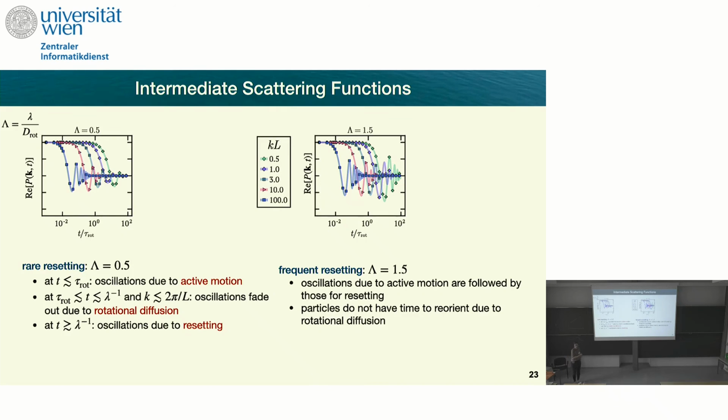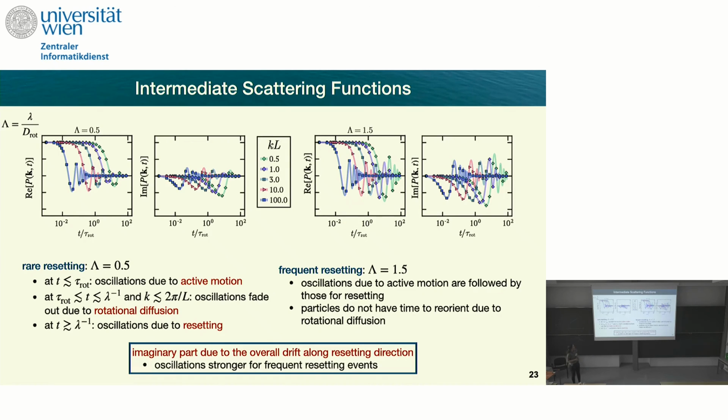That reflects that at large scales we have a drift due to this chemotactic behavior. If lambda is larger than 1, the oscillations just keep growing because particles move along a specific direction. One point to take home is that if there is a drift in the system, your intermediate scattering functions become complex, and that's a signature of this type of dynamics.